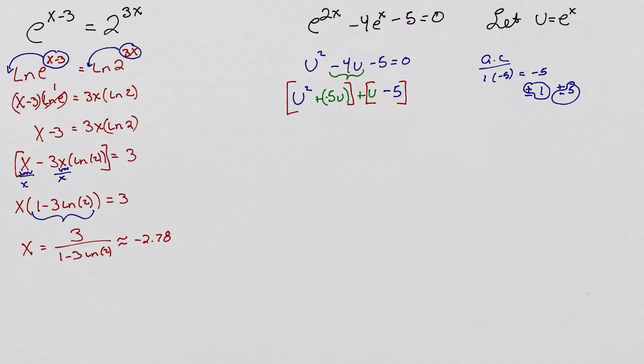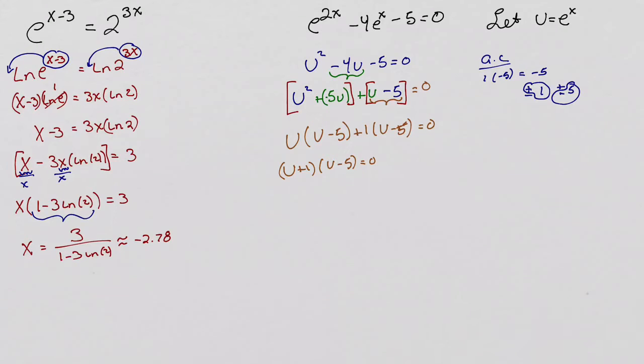U squared and a negative 5u has u in common, and that will leave us u minus 5. And of course, that is what this is right here. So we have plus 1 times u minus 5. Therefore, my factors are u plus 1 and u minus 5, and we are fully factored. And of course, all these equal 0.